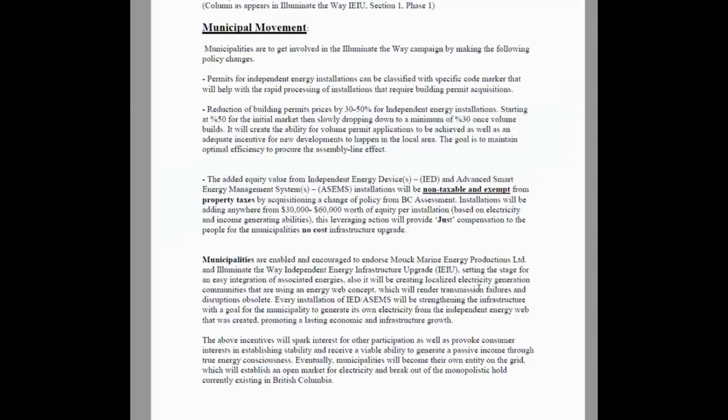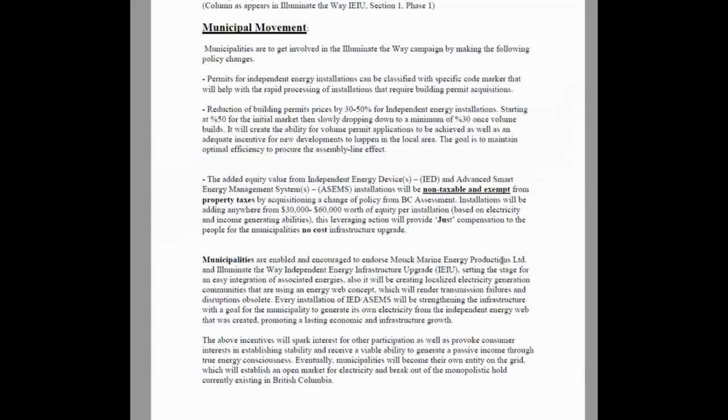Throw in some magnetic bearings and some fractal resonators, and it's quite amazing. The open technological development trees of independent energy and its four principles. So, $30,000 to $60,000 worth of equity per installation based on electricity income generating abilities. That's depending if legislation exists for it.